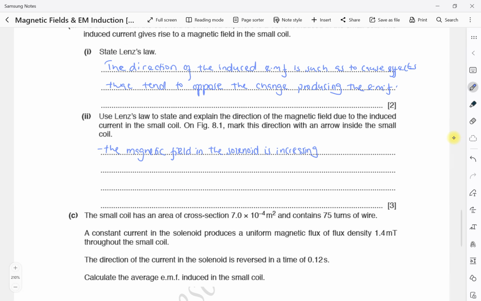So because it's increasing, by Lenz's law, the field due to the induced current in the small coil must be, of course, by Faraday's law, an EMF is induced in the second coil.